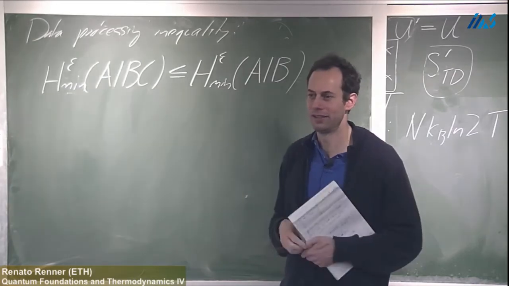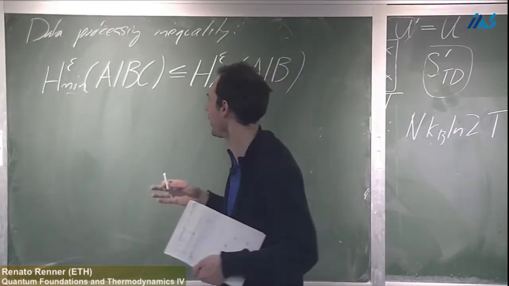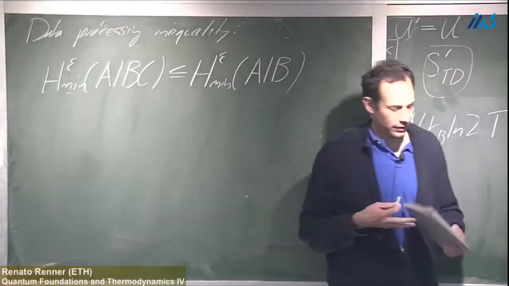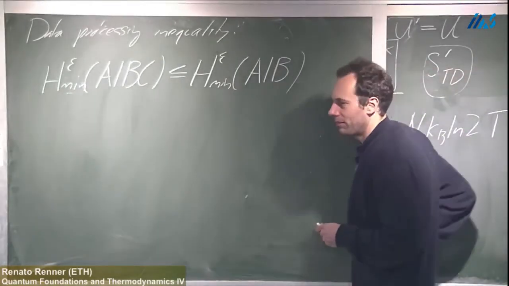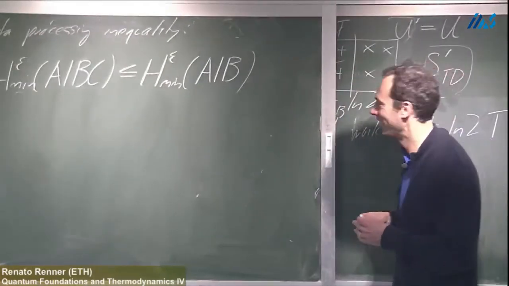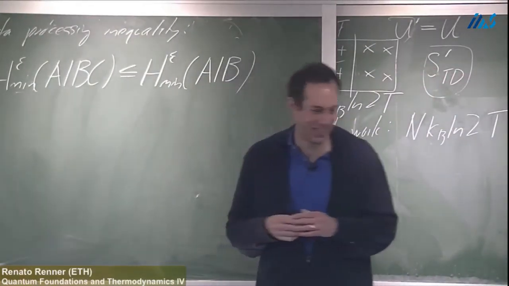That's very intuitive. It usually doesn't happen that you forget something and then you're more certain about something. Maybe everything can happen, but for entropies it shouldn't be the case.